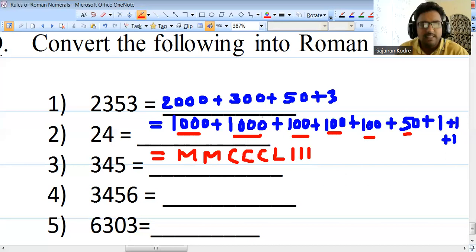So this is a little inconvenient, or we can say a long process. But if you want to write it with the rules, this is the only way.